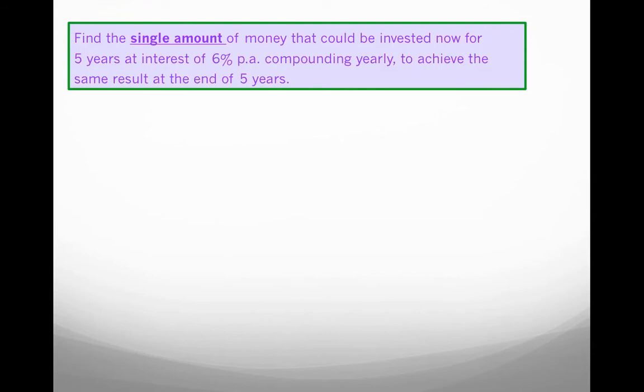We now want to find the single amount invested at the beginning of 5 years that will result in that same $14,092.75. To do that, we're going to use the compound interest formula. We know the amount at the end, which was the future value we've just calculated. We know the interest rate is 6% and the time period 5 years.